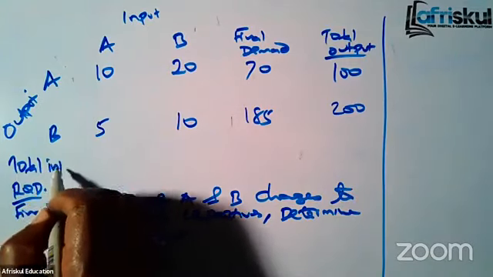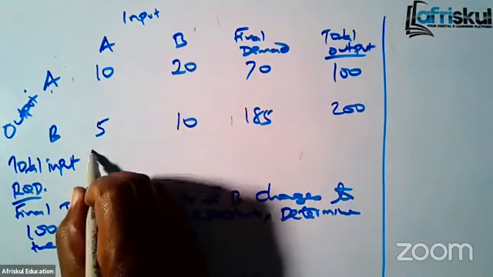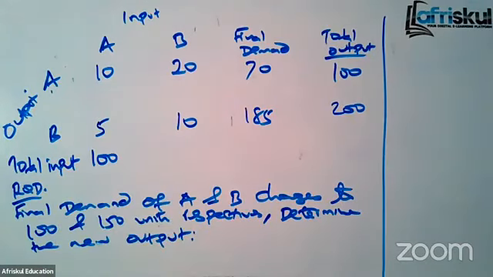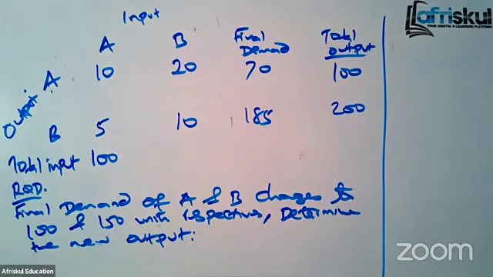If A produces 100, then we must have put in an exact equivalent of 100. There are no profits to be generated in input-output models. So if the total output of A is 100, then the total input of A is 100 as well.